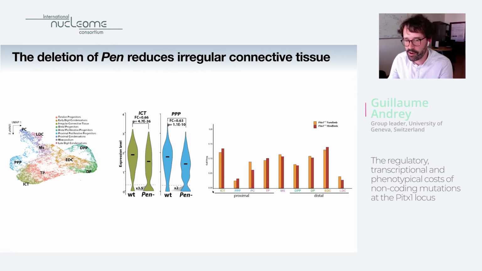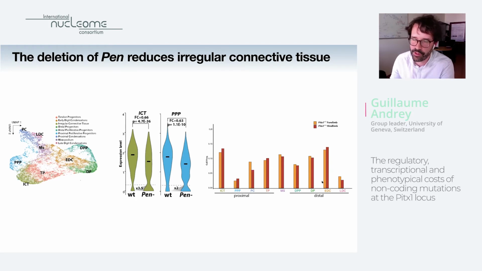So here in this graph, what you have is the proportion of each cluster in a normal forelimb and in a normal hind limb. You see, for example, that around 12% of the cells of the limb are irregular connective tissue, and this is the same in the hind limb. Actually, it's the same between forelimb and hind limb for all clusters.